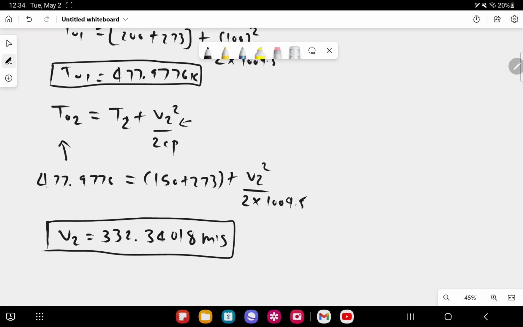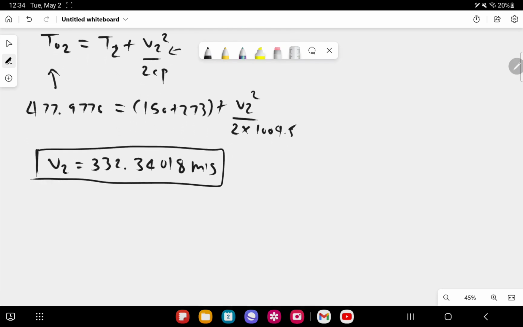Alright folks, now let's determine the change in entropy. Now the change in entropy from station 1 to station 2 is equal to S2 minus S1, which can also be written as Cp ln T2 over T1 minus R ln P2 over P1.